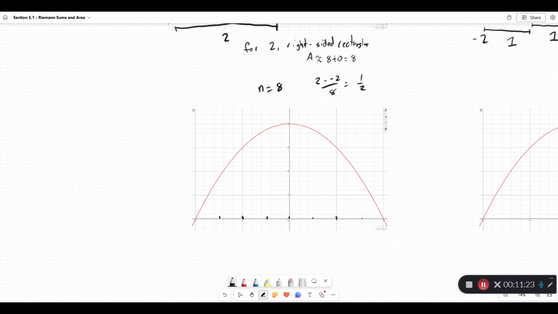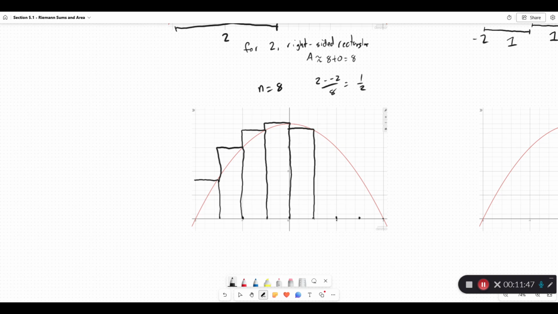And you can see, hopefully, that all of these rectangles added together, I'm not getting as many overestimates. Or, sorry, what I should say is the amount I'm overestimating or underestimating in each of these seems to be going down. It seems to be a lot closer.